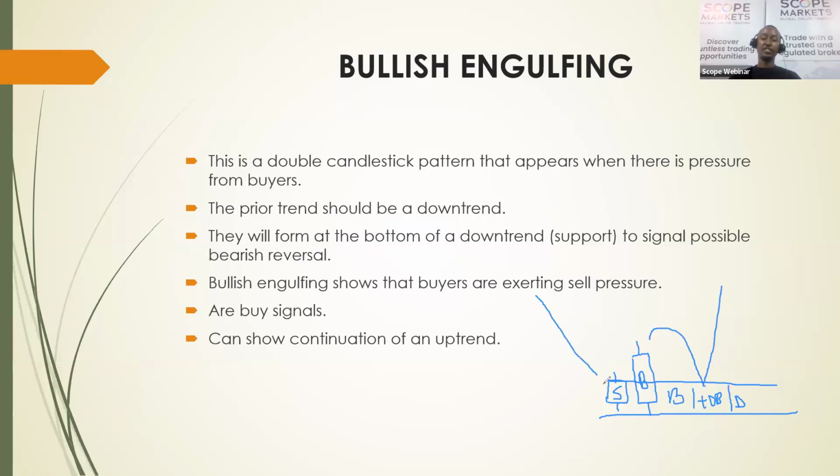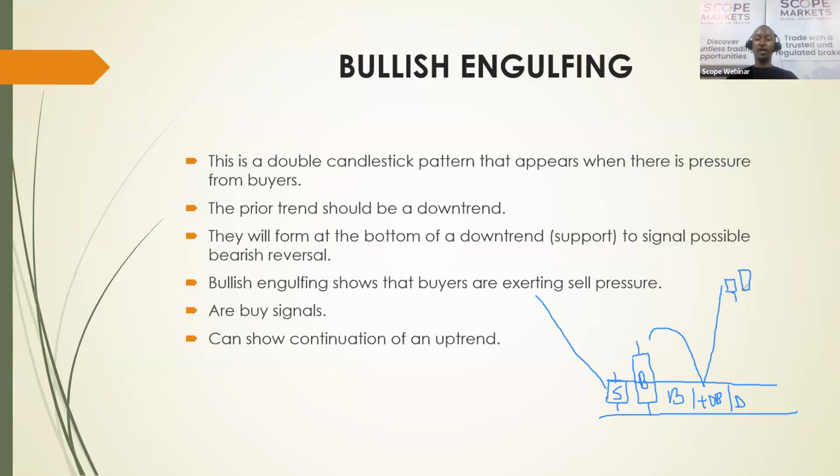So if the price is in a downtrend and it forms a bullish engulfing, then this signifies to us rejection, or reversal. So here, this type of pattern will be a reversal bullish engulfing pattern. So if we buy now, it means that we are in an uptrend. And somewhere in the middle of the uptrend, you find another bullish engulfing, okay?